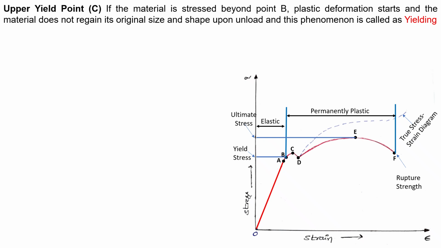So if the material is continuously stressed behind the point B, then the material enters into the plastic deformation. So this phenomenon we are calling as the yielding.